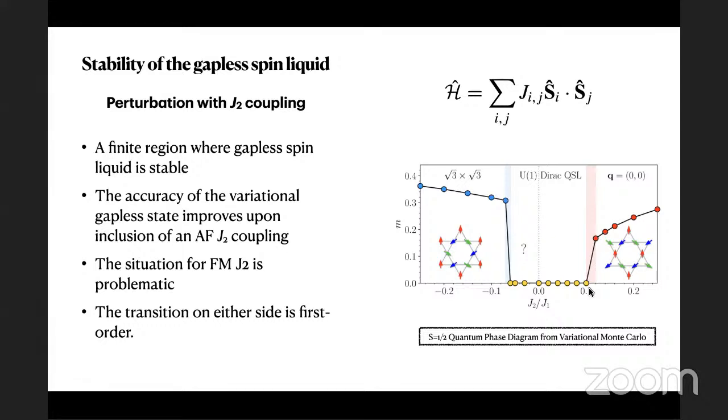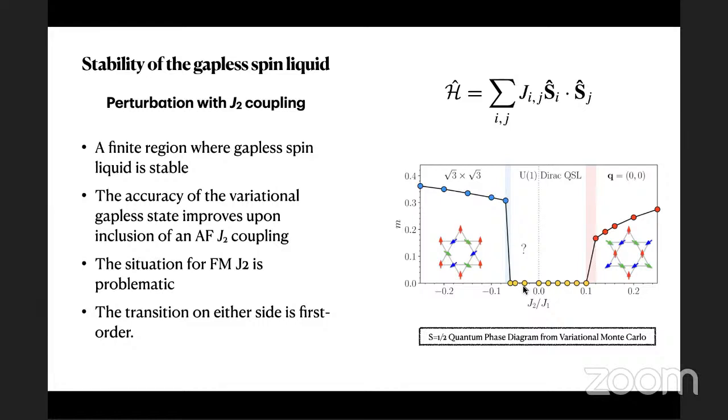Is it actually true that the Dirac spin liquid remains stable in this entire region of non-magnetic behavior? Does it give way to other kinds of states like Z2 gapped spin liquids, valence bond solids, nematic spin liquids, or other competing variational states in the low energy manifold?